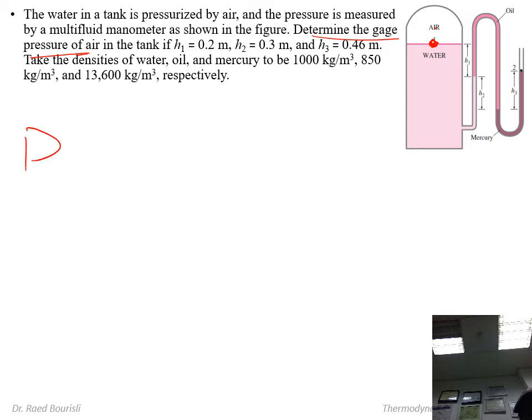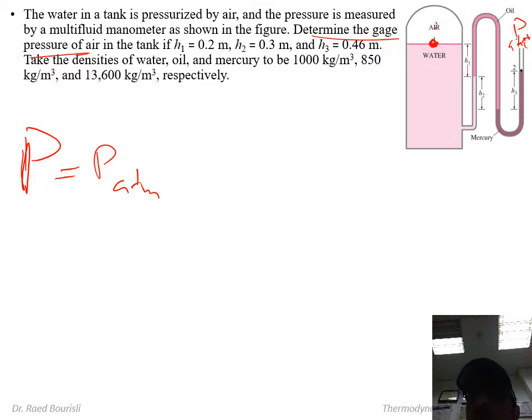Let's call this the tank pressure. My guess is the pressure here is the atmospheric pressure, but this is clearly wrong, since the pressure here is much higher or much lower than atmospheric. So the pressure here is atmospheric pressure.